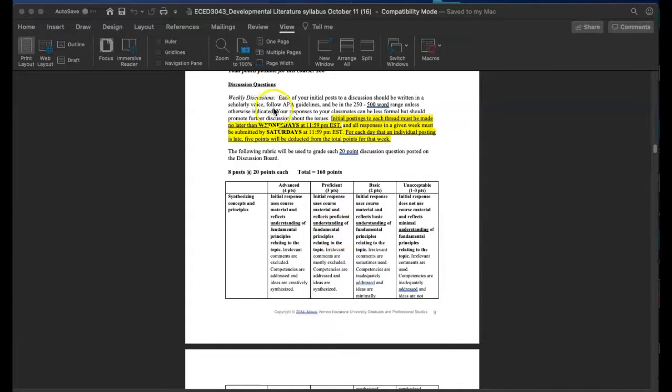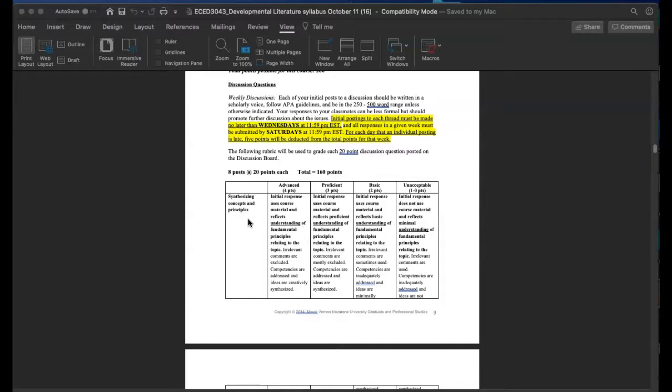When I'm talking about following APA guidelines, you are going to need to reference course materials or any other material that you use in your responses. They need to be referenced APA 7 style.